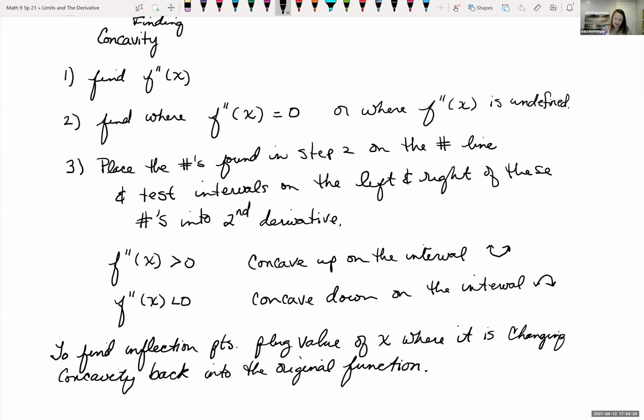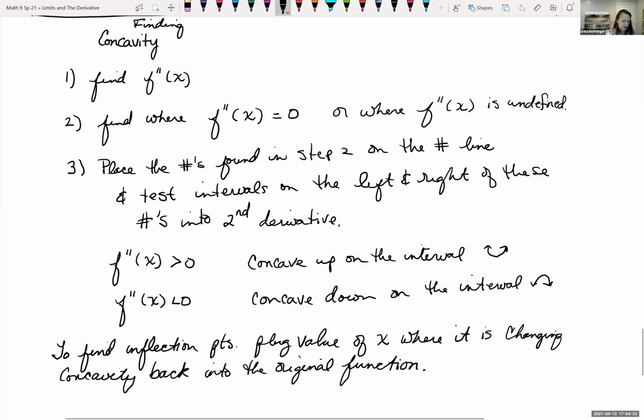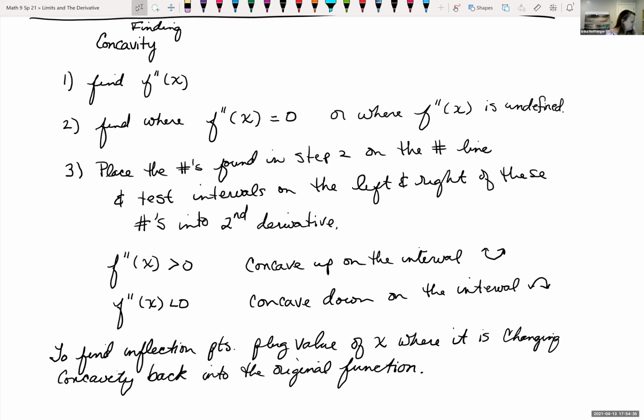Again, that's only if it's defined back in the original function. If it's not defined back in the original function, it's possibly there's a vertical asymptote there. Possible, not necessary.